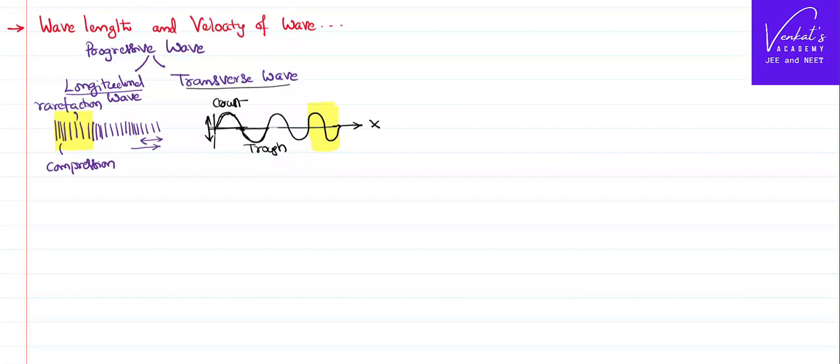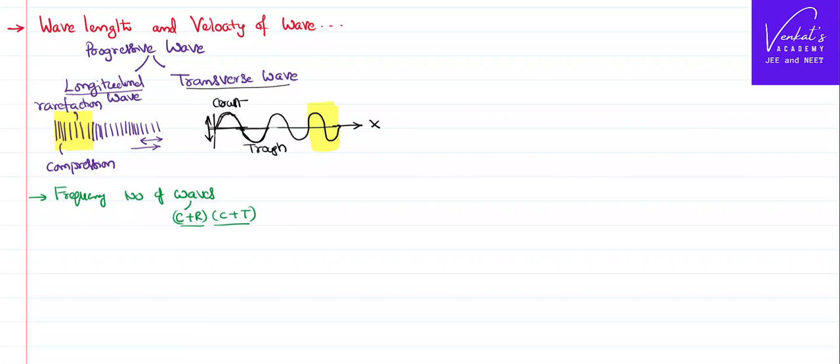How many waves there are per second is called frequency. So what do you mean by frequency is the number of waves. What do you mean by that wave? If it is a longitudinal wave, compression plus rarefaction, or if it is a transverse wave, crest plus trough.